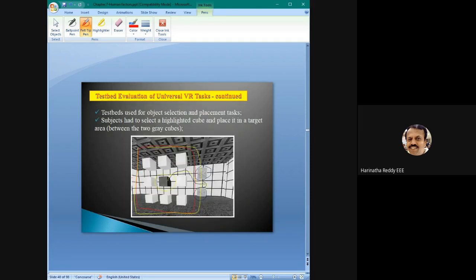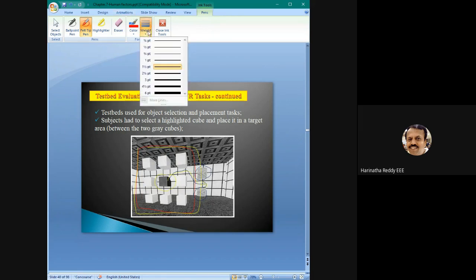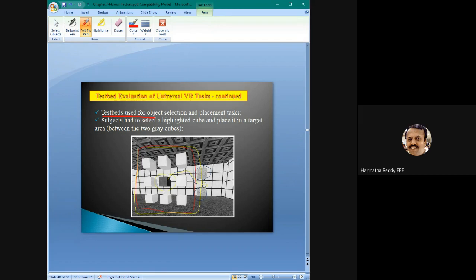Let us consider another test bed example here: the object selection and placing task. Please remember, the second test bed example is the object selection and placement task. This is the object we are going to select, and this object is to be placed in between the two gray colored boxes.